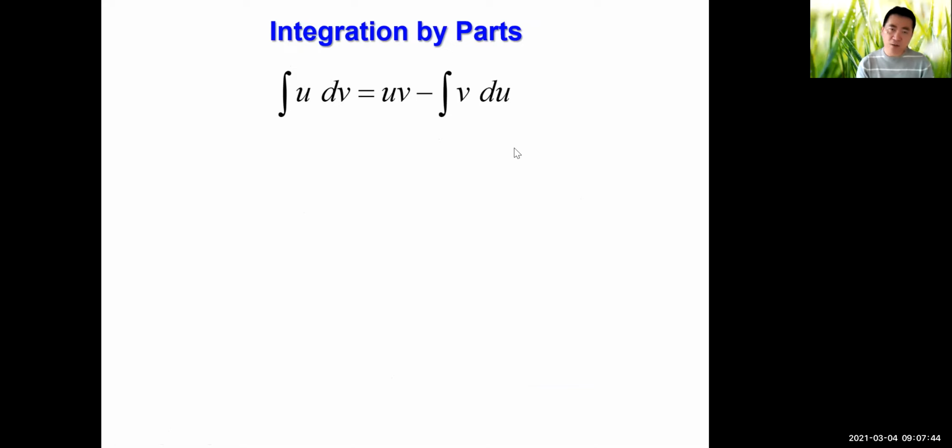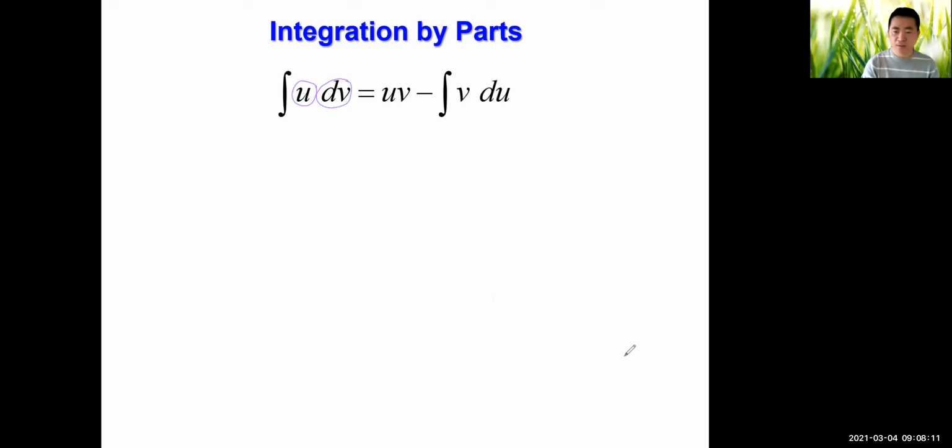This is called the integration by parts formula because you need to identify two parts in the integral. This is one part, u, and that's dv. One is u and one is dv when you integrate.